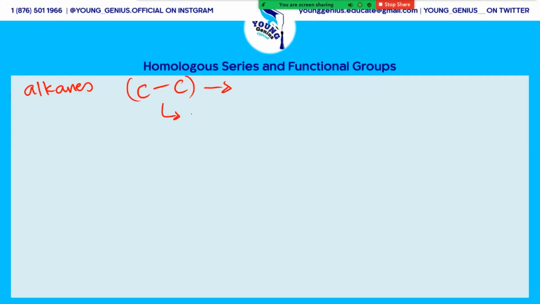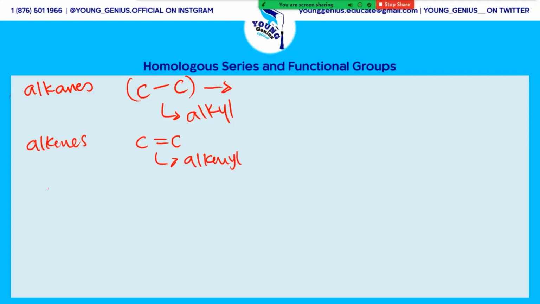And that group is called the alkyl group, right? So whether that be methyl, ethyl, butyl, propyl, right? So that's what we have there. For the alkenes, that would be the homologous series, while the functional group would be the C to C double bond, which is the alkenyl group. Clear?